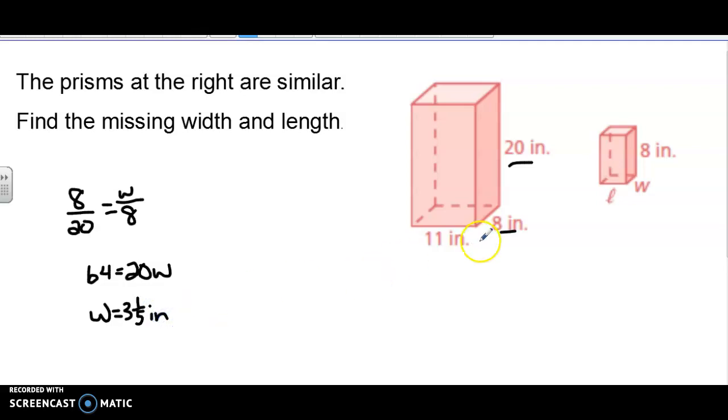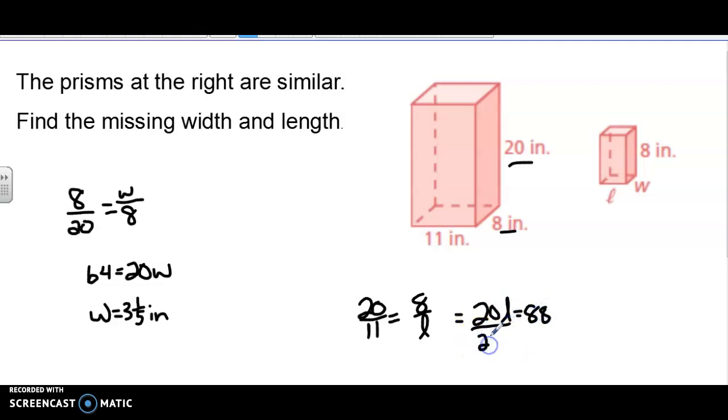So now if I want to find the length, I'm going to do 20 over 11, mainly because I want to avoid using 3 1/5. So 20 over 11 equals 8 over L. So I get 20L equals 88.